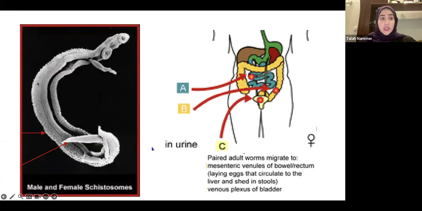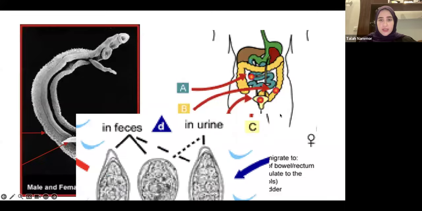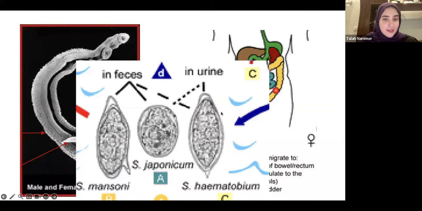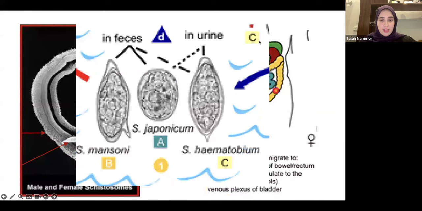This ugly schistosoma can go and live either in the large colon, the small colon, or the bladder, depending on the kind.